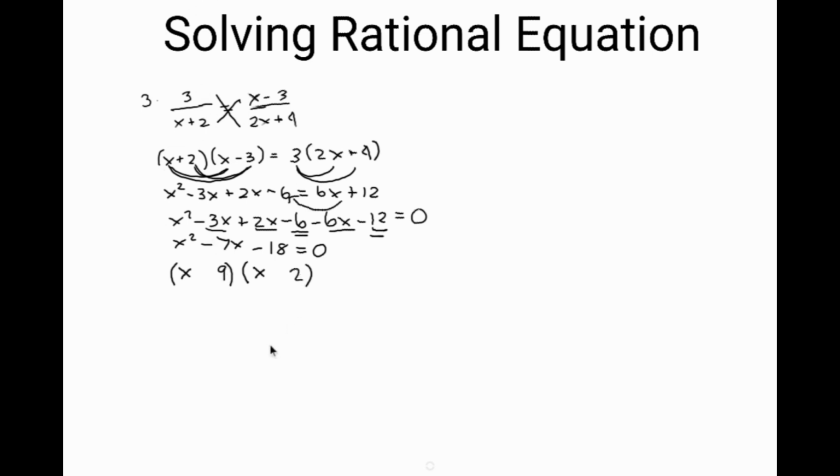Since our middle term is negative, it means that 9 should be negative and 2 positive. So now we can equate both factors to 0. X minus 9 equals 0, and x plus 2 equals 0. As you can see, we have two values of x. If we transfer to the right side, we have x equals 9 and x equals negative 2.